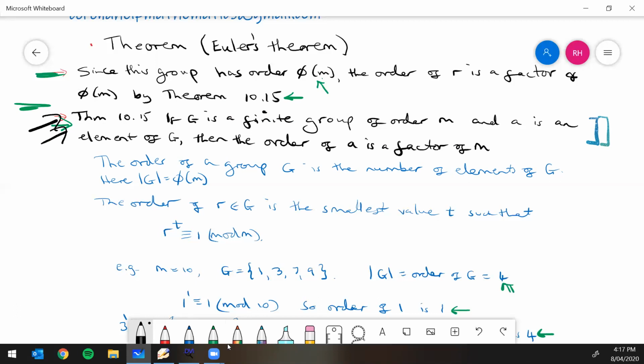But I'm going to skip over it at this point. We want to keep our eyes on the main game, which is Euler's theorem. So I'll just take theorem 10.15 as read, as a given, and we've come to terms with this sentence that we wanted using 10.15. We'll leave it at that.